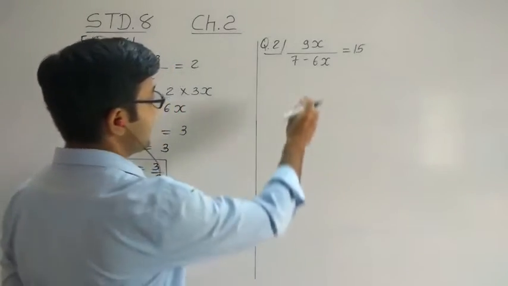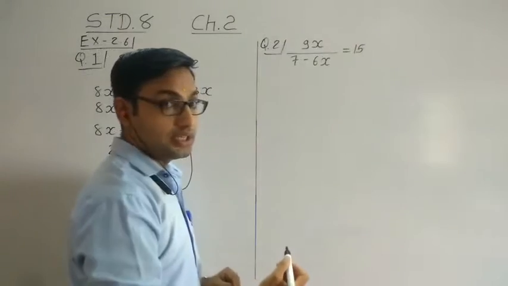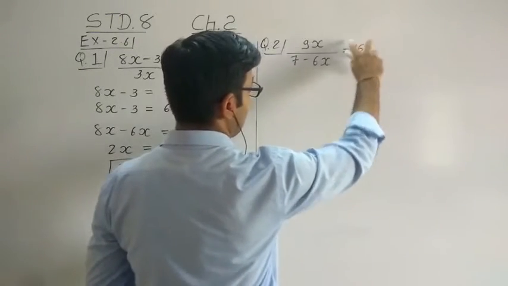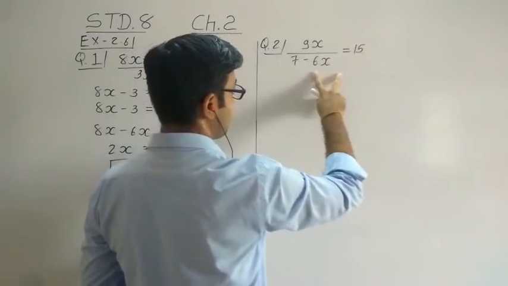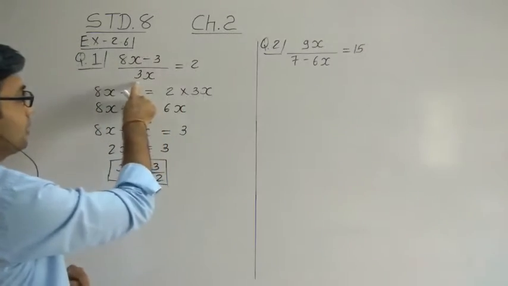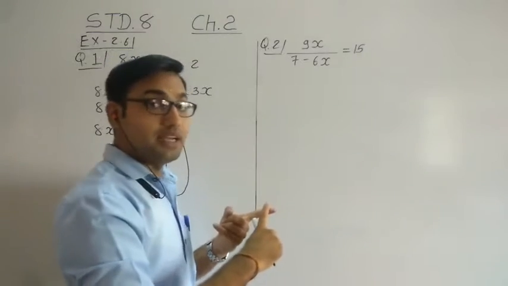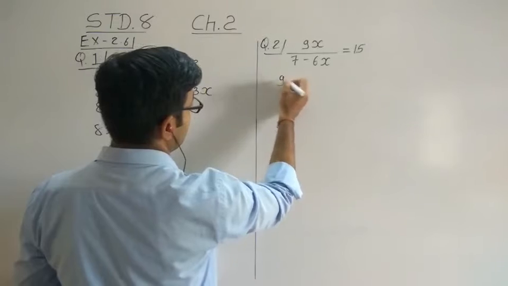Whenever we have this kind of situation, where the total denominator is here, we can take this term and multiply with it. Whatever the constants or the variables here, we have to multiply both the terms to this side. See, here there is only one term, 3x, but here there are two terms, 7 and minus 6x. So we just have to put the bracket like this.